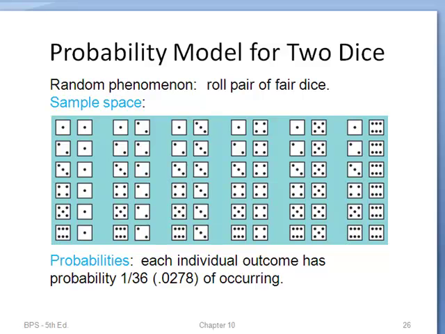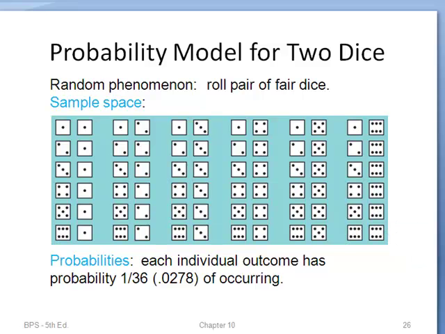We literally count the dots on the two rolls. The smallest number we could get is 2, because the smallest number on each die is 1. And since 6 is the largest number on each die, 12 is the largest number we could get. So our random variable takes on values between 2 and 12.